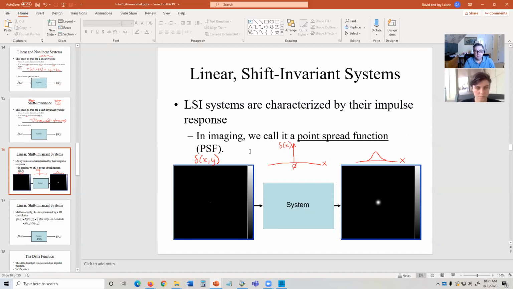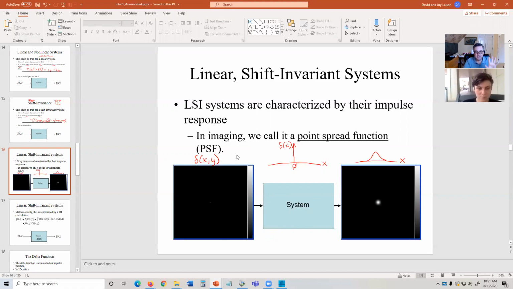I wanted to go back to this to reemphasize the language. The point being that if you have a system and you know its response to a unit impulse or delta function, or it probably has some other names, then you know everything about it if it's linear shift invariant.